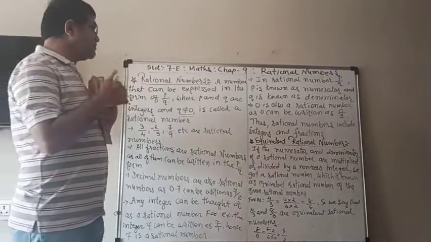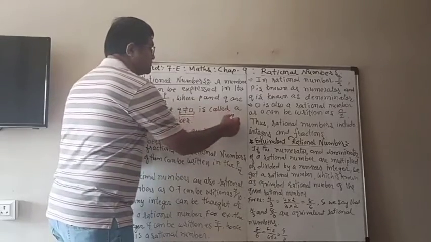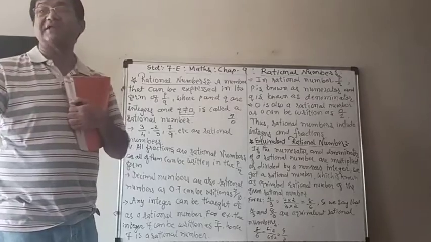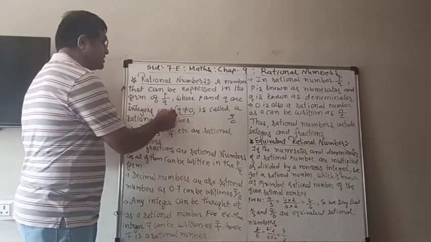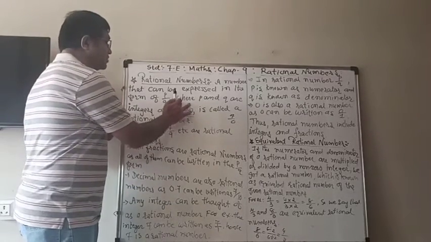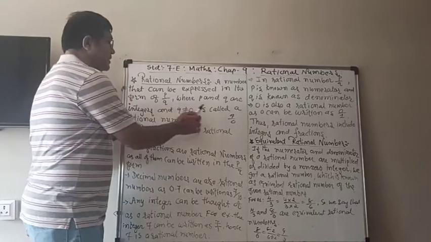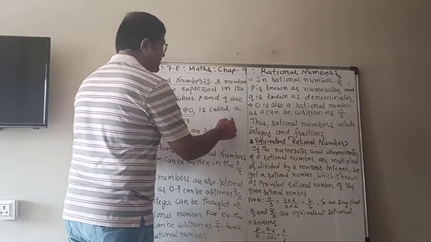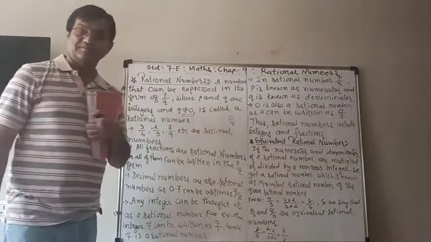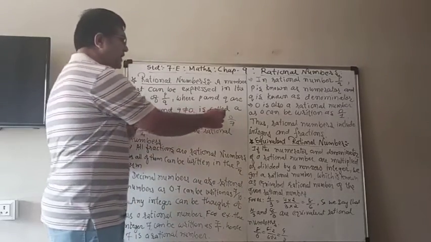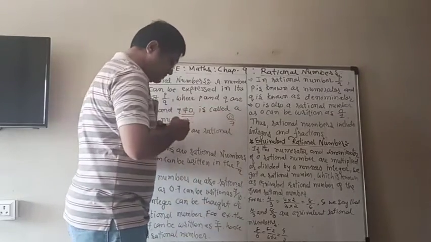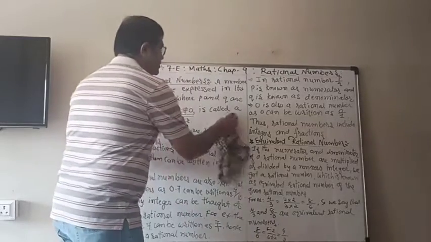It means that if you write 7 upon 0, it is not a rational number. Why? Because our condition is that q should not be 0. q can never be 0. 0 upon 7 can be a rational number because p can be 0, positive or negative.